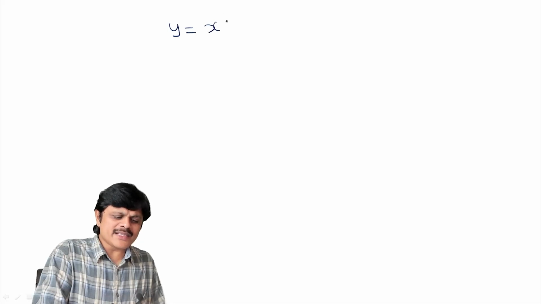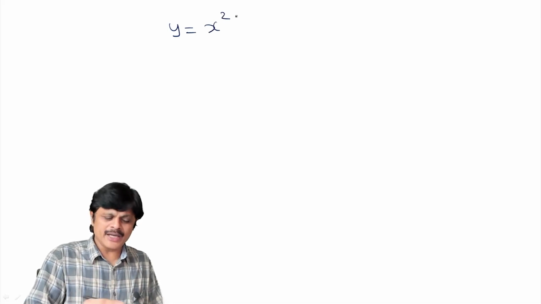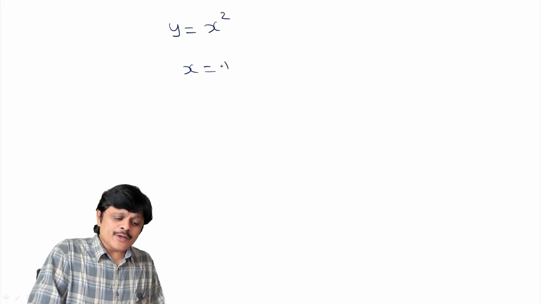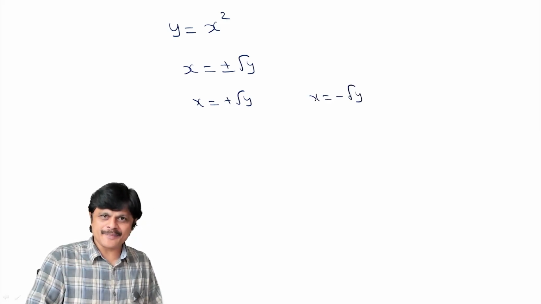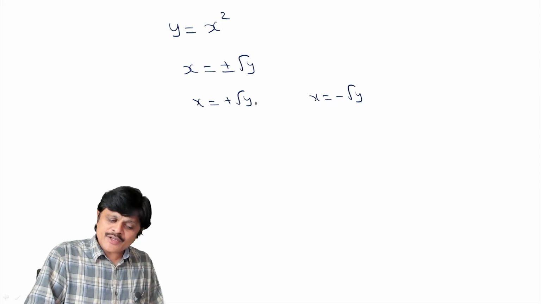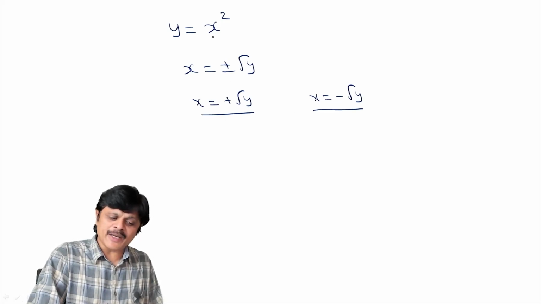Actually here, I'll just tell you. Suppose y is equal to x square is your function. See, x is equal to plus minus root y is what you are going to get. Actually, x is equal to plus root y defines a function, and x is equal to minus root y is another function. This is also a function, this is also a function. Am I clear? These are two different functions which are obtained from this.